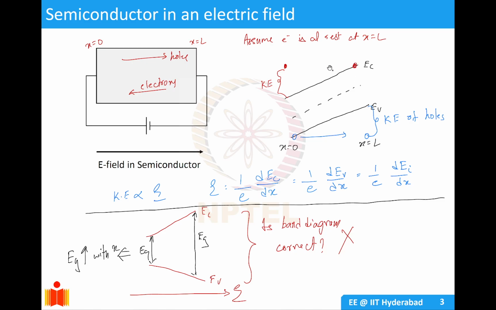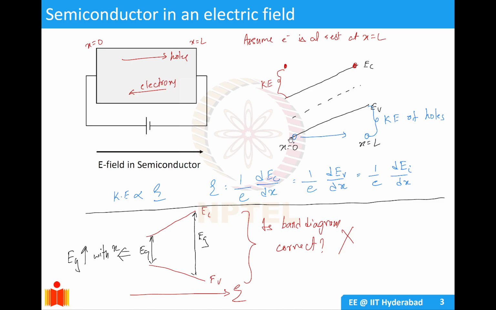But as it goes towards x equals 0, the electron's kinetic energy is increasing. So EC moves down and the excess energy goes towards the kinetic energy of the electron.